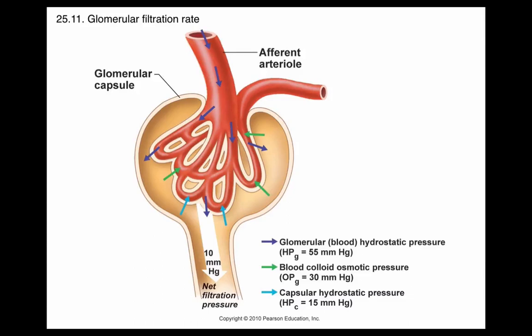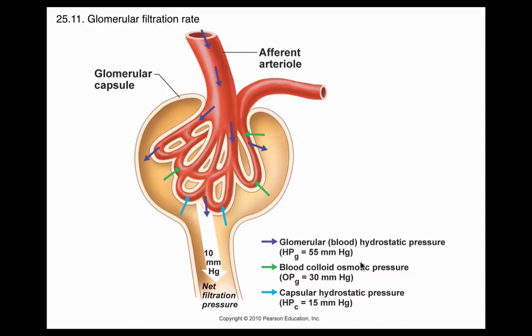But as before, there are some substances that are going to be sucking the fluid back in. There's the colloid osmotic pressure, which is the sucking force of the proteins in the blood. And there's also the hydrostatic pressure of the fluid within the capsule, which is going to be relatively high, but not as high as the glomerular hydrostatic pressure.